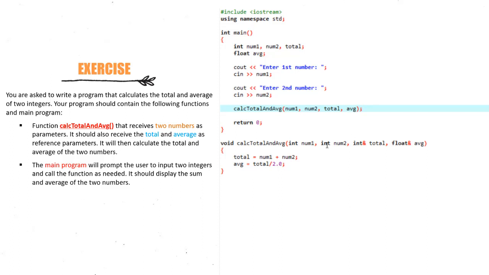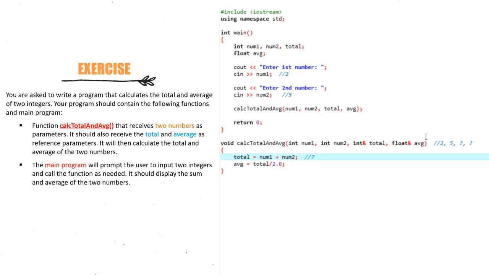So when we calculate, let's see, maybe I put 2 here and 5 here. So num1 will receive 2 and num2 will receive 5, and total and average don't have anything yet. When we do total equals num1 plus num2, this becomes 7.